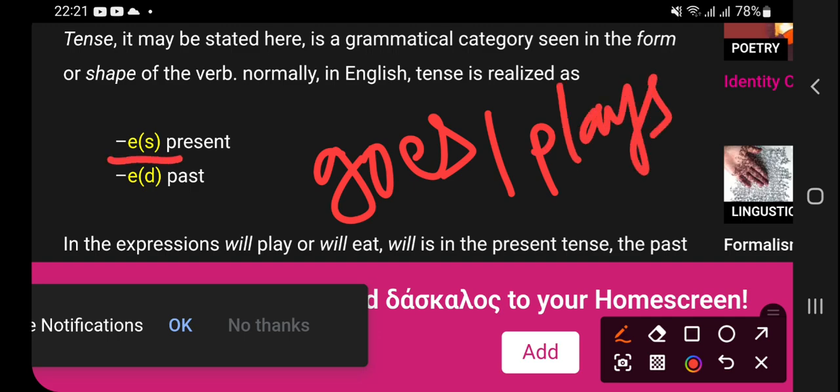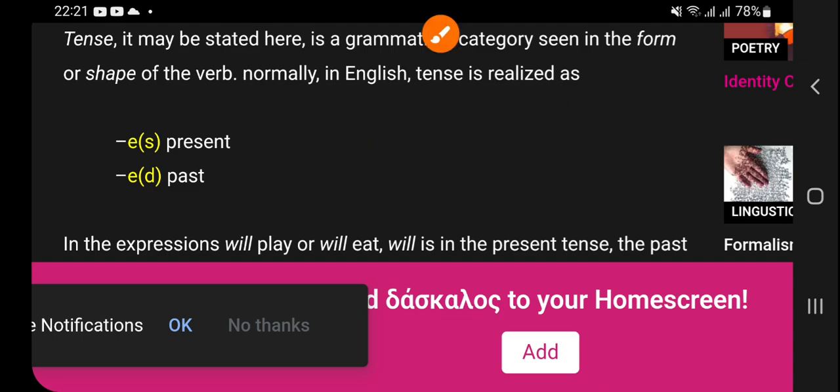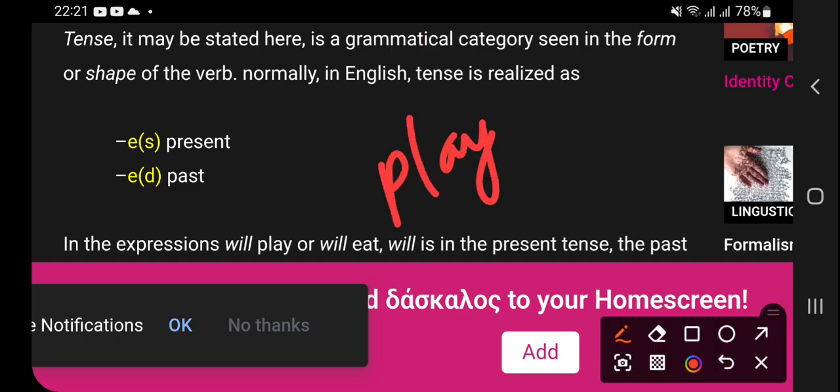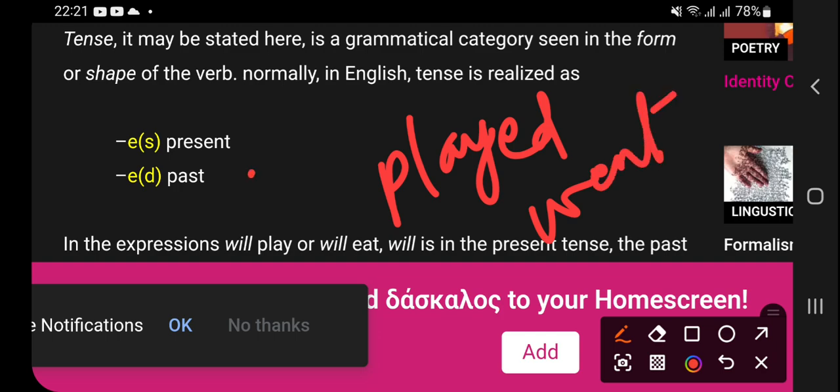So that is the s-present, and past is played, even went, set. This is the past form, right?